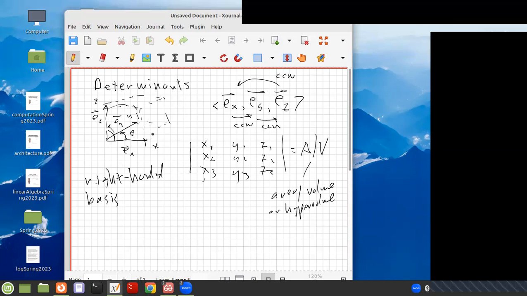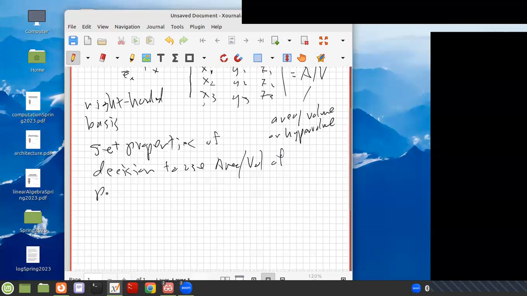So we just say, let's take that as something we want, and we set the properties based on the decision to use the area, volume of this particular shape, the parallelepiped. I think that's what it's called in higher dimensions, but in two dimensions it's a parallelogram.